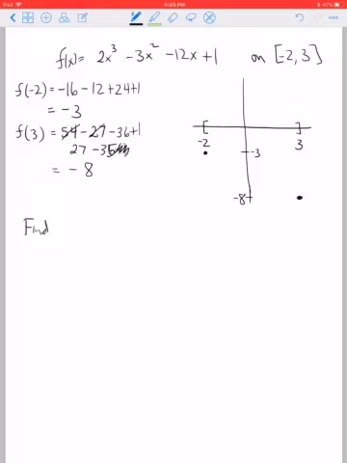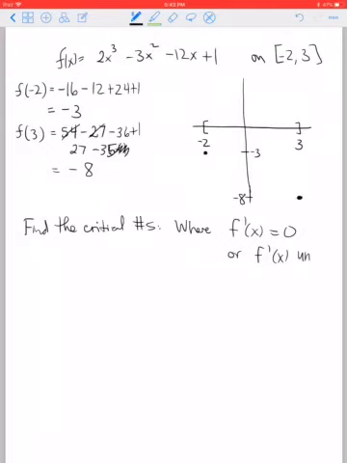And now let's find the critical numbers. So if we want to find the critical numbers, these are where f prime of x is 0 or f prime of x is undefined. Right? And our function is a nice polynomial, so the derivative is going to be defined everywhere.